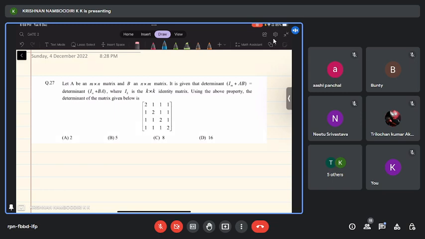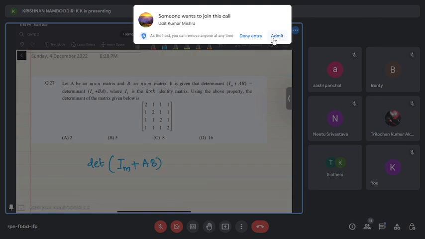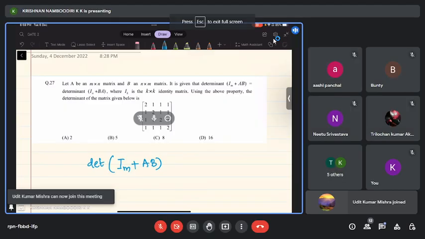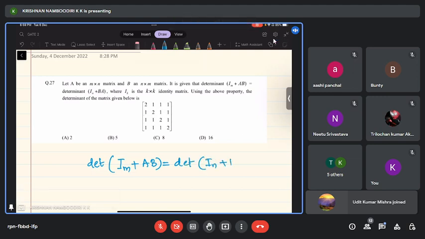Let A be an M cross N matrix and B an N cross M matrix. One is M cross N and the other one is N cross M. It is given that the determinant of IM, where IM means the identity matrix of size M cross M, plus AB equals the determinant of IN plus BA.